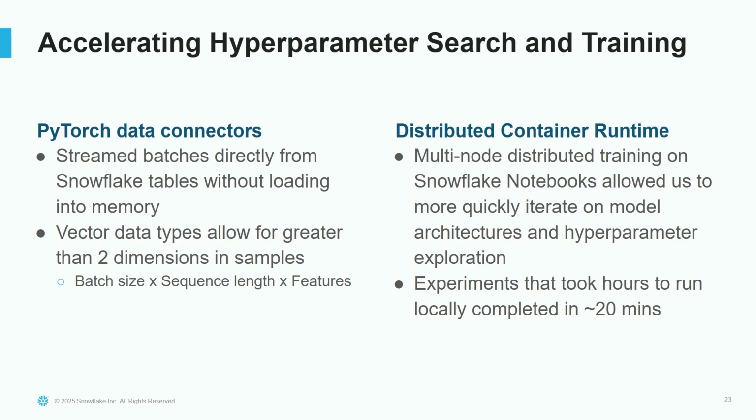So every sample is a sequence and features describing that sequence. So we use vector data types in those features that then when those come through the PyTorch data connectors, they come through as deeper multidimensional PyTorch tensors that can be fed in batches into a PyTorch model.